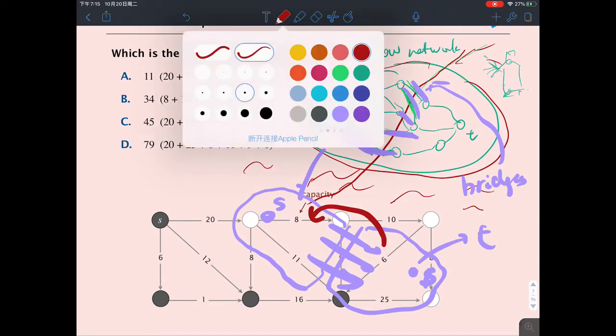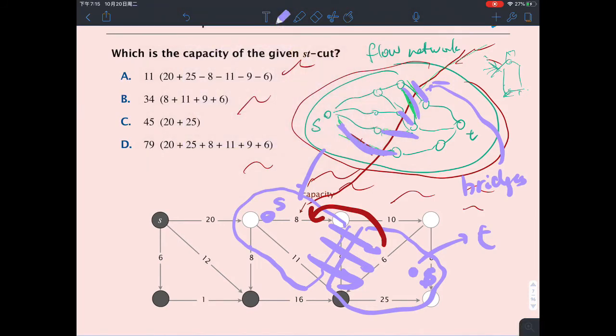Of course there are some bridges that connect from right to left, but those are not that relevant. The most relevant are the bridges moving from S to T.